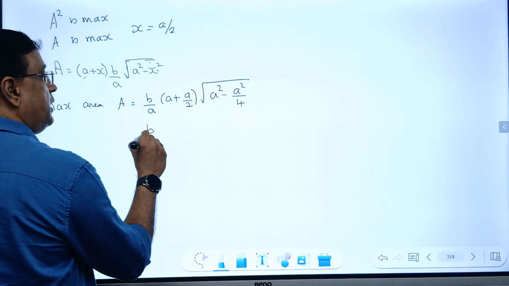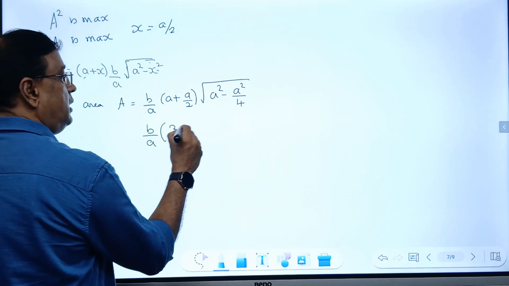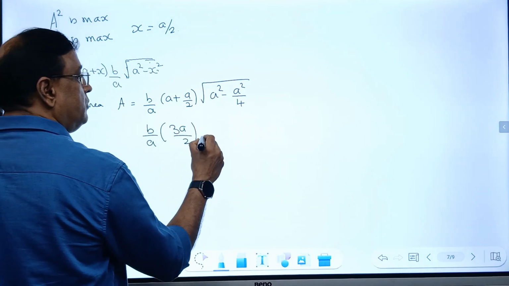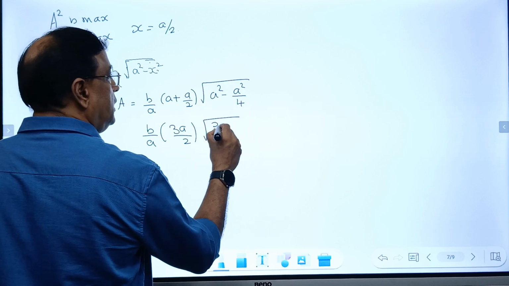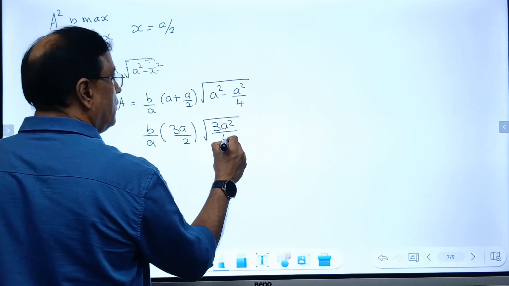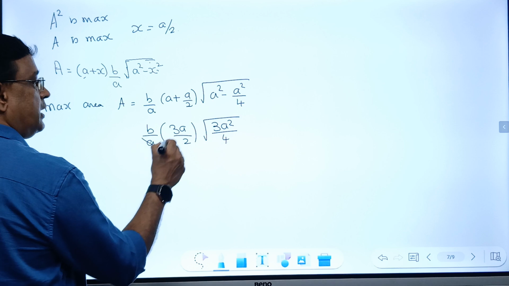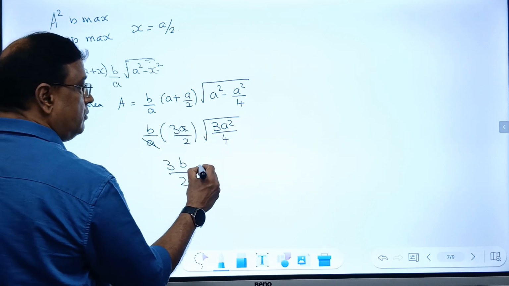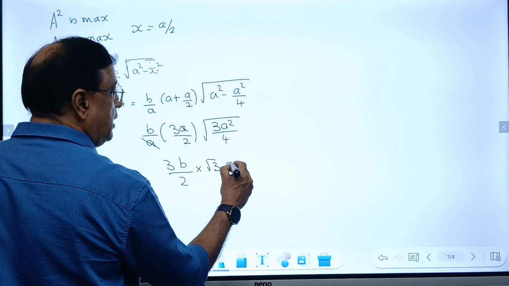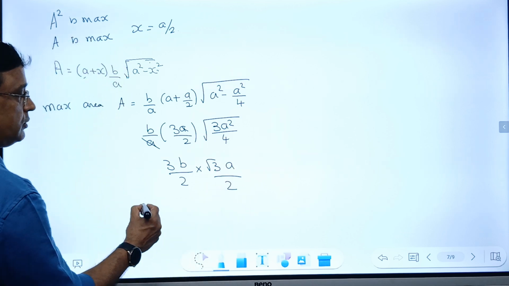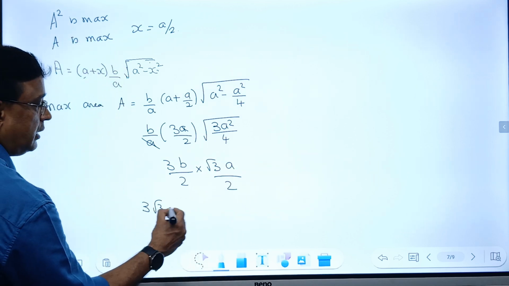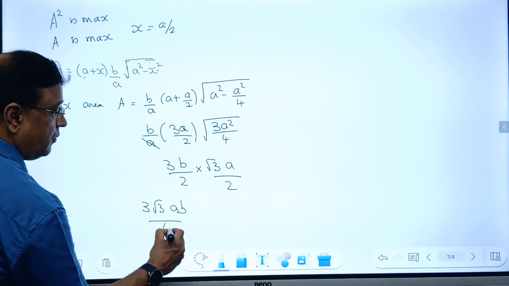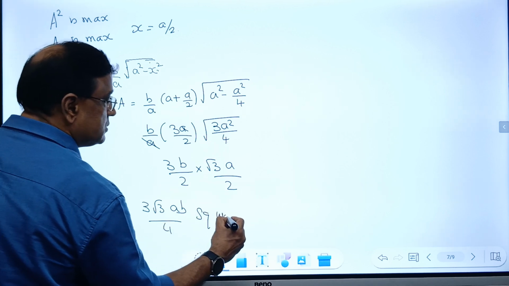So this is B by A into 3A by 2 into root of 3A square by 4. So this A gets cancelled. You get 3B by 2 into root 3A by 2. So if I put them together, you get 3 root 3 AB by 4 square units.